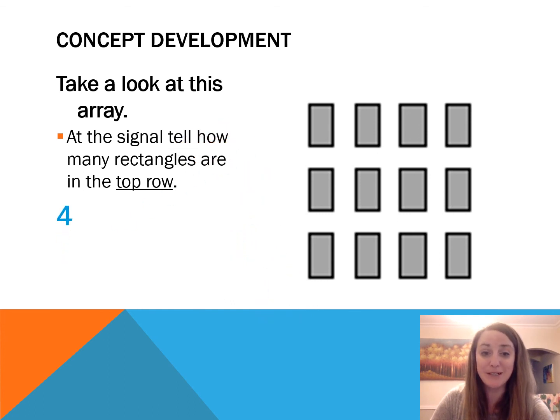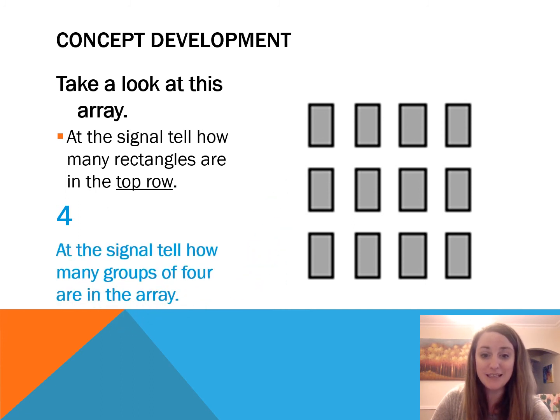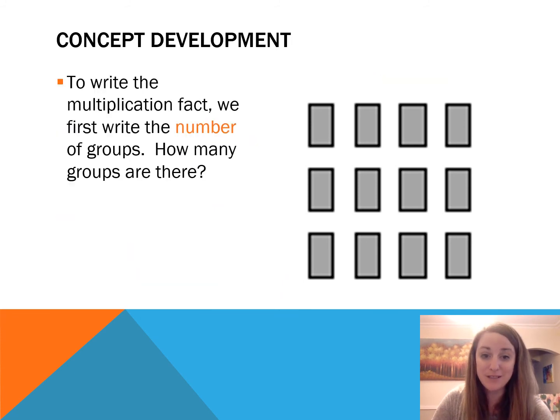There are 4 rectangles in the top row. At this signal, tell me how many groups of 4 are in the array. 1, 2, 3, go! There are 3 groups of 4. To write a multiplication fact, we first write the number of groups. How many groups or rows are there?